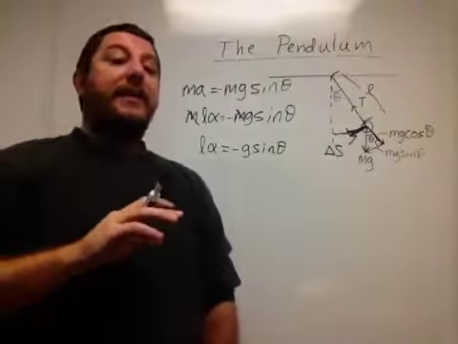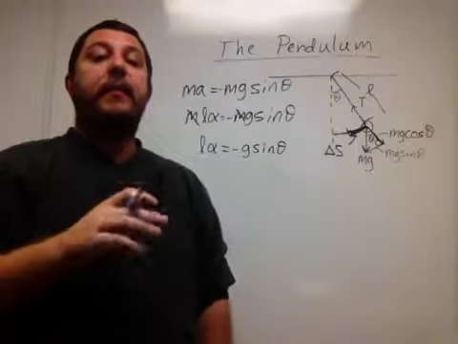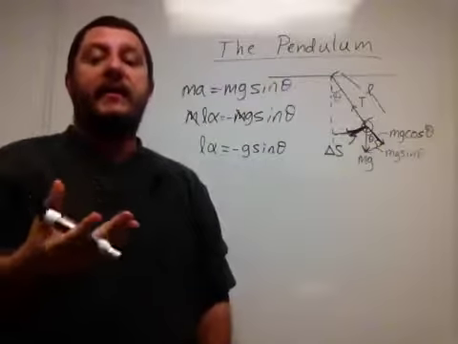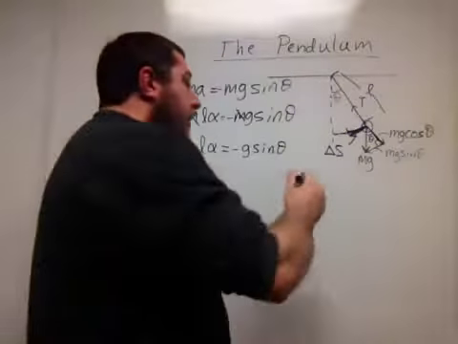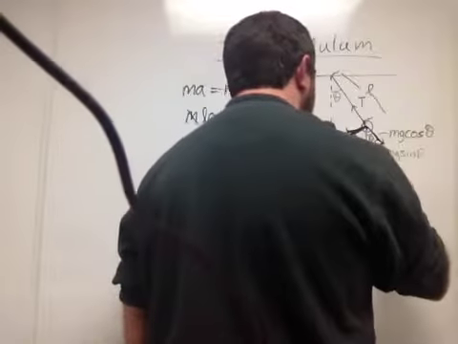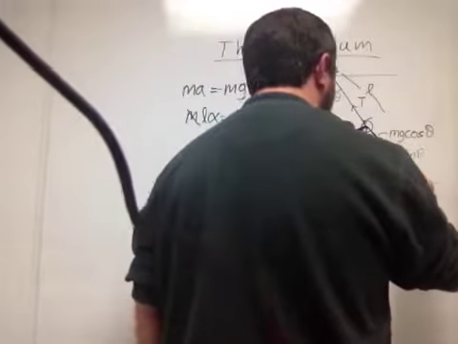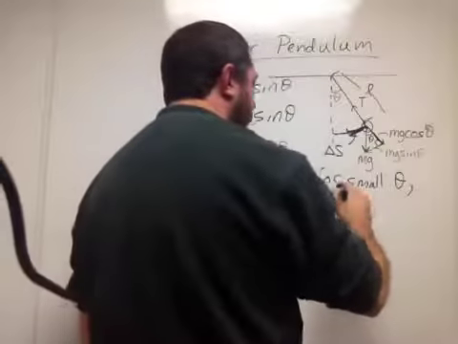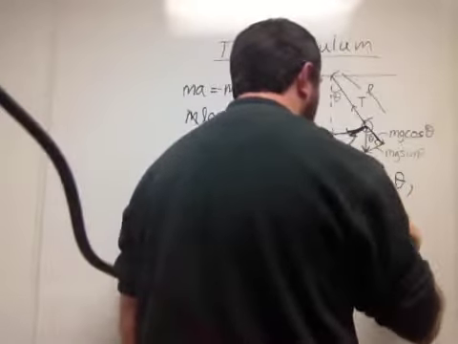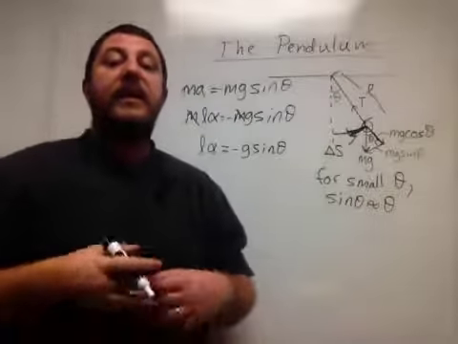Now, as I said before, one of the conditions of the simple pendulum is that the angle is small. So when I pull it back, it's less than 20 degrees or so. If that's the case, we use what's called the small angle approximation, and it says that for small theta, sine theta is essentially equal to theta.